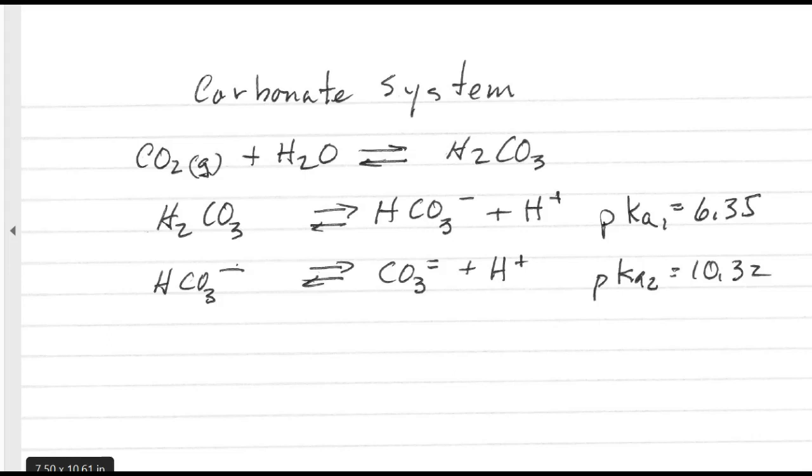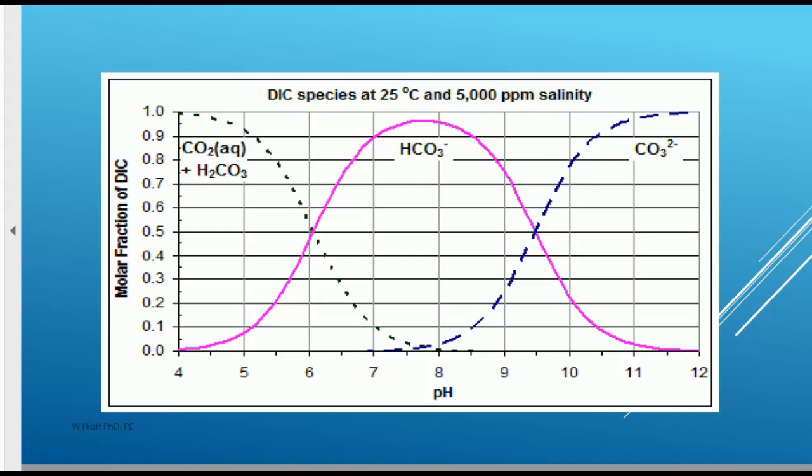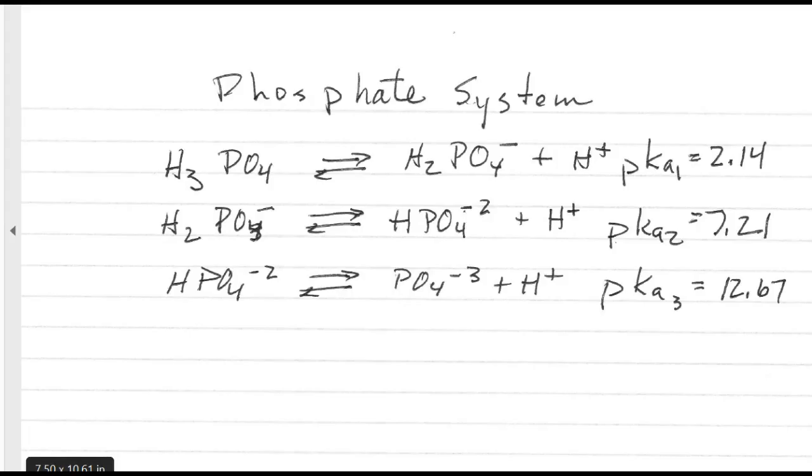The next equilibrium is when the bicarbonate decomposes into carbonate ions and hydrogen ions, and the pKa value for that is 10.3. So here's the titration curve of these.